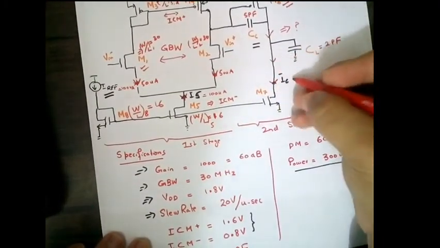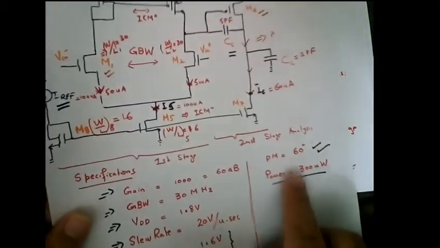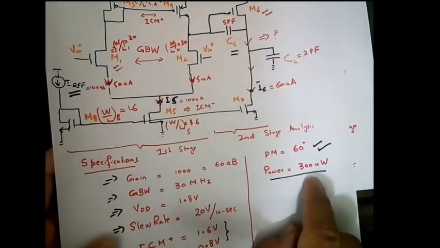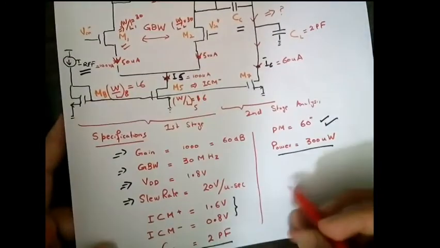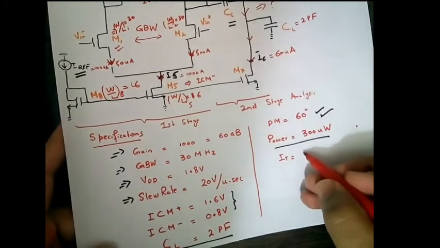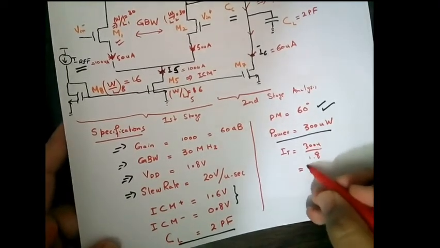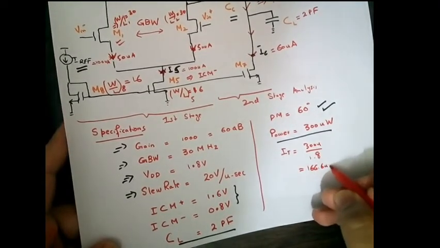So the current I6 will be equal to 60 microamps. Just make sure you all are clear about this. We just have the power number. Power is 300 microwatts. We can find the total current here, which is equal to 300 microwatts divided by the supply voltage, which should be equal to 166.6 microamps. 100 microamps is flowing through the first branch.